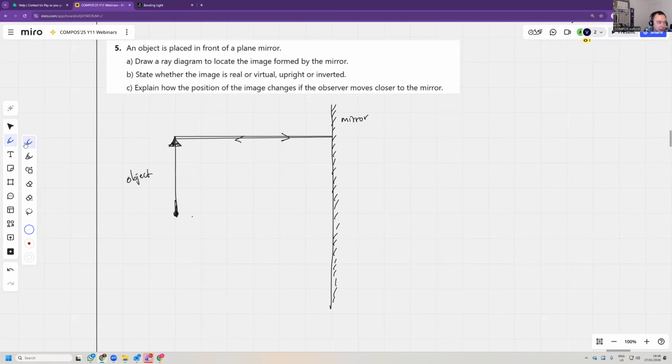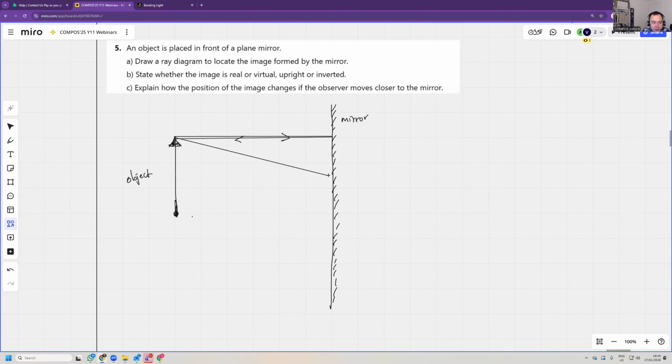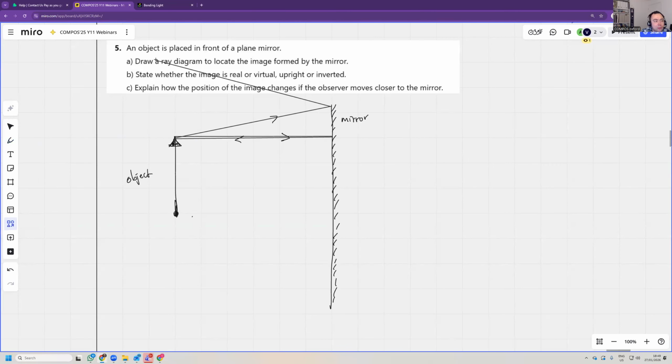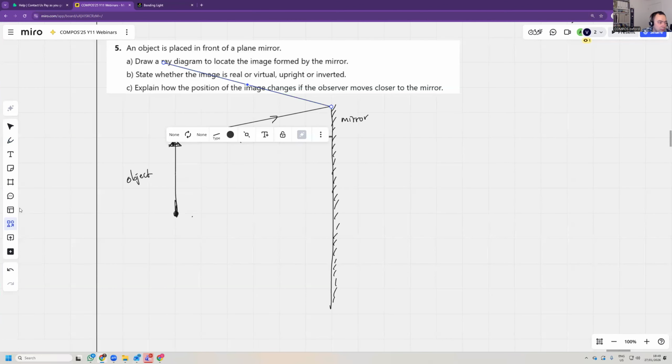A different ray of light will go from here, like this, and bounce off the mirror in that direction, and travel in that direction.